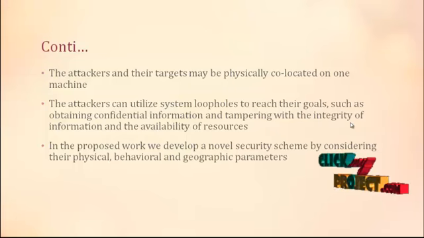In this project, we develop a novel security scheme by considering physical, behavioral, and geographic parameters. Here we construct a network, and if two vehicles collide, the cloud vendor creates a message for the particular area, surrounding the vehicles currently present, and passes the message.